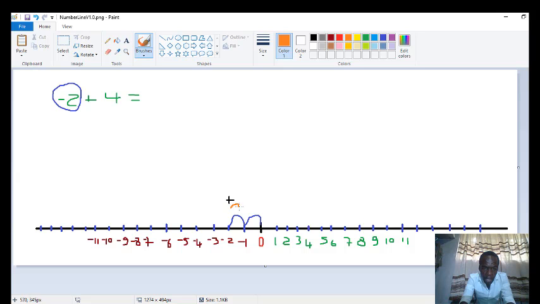I say 1, 2, 3, and 4. This is our 4 spaces. Then we reach 2. You notice that we went to the right until we reach 2. Then we can say that -2 plus 4 is equal to 2.